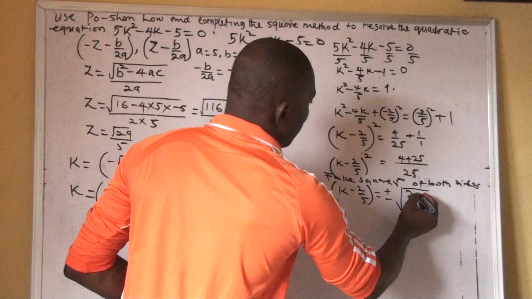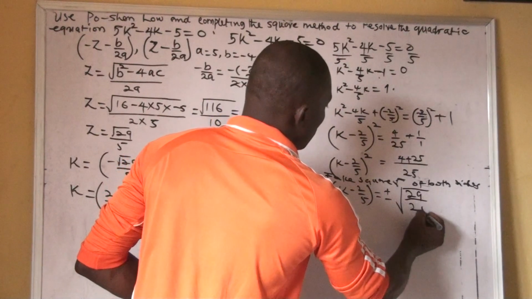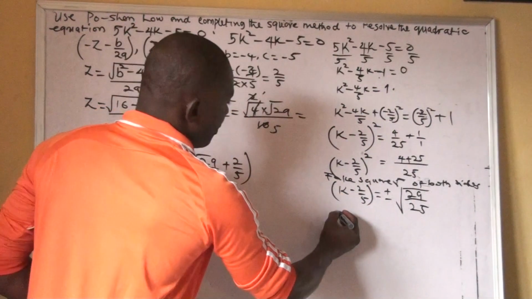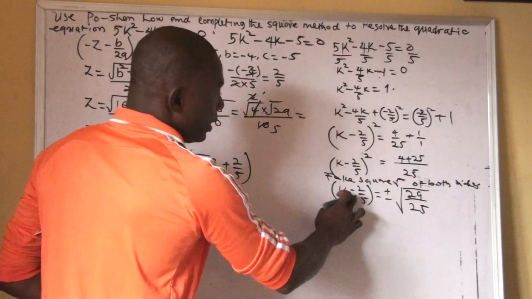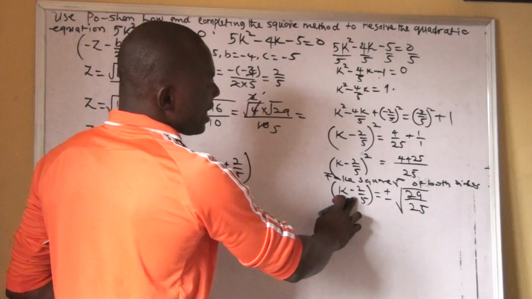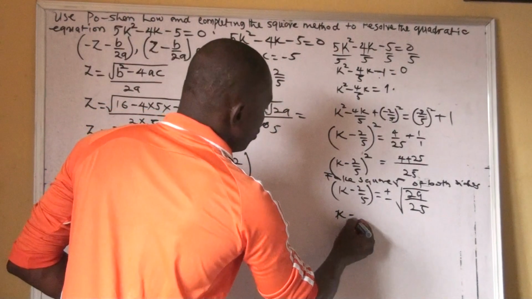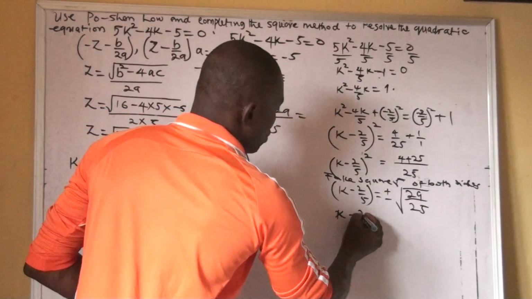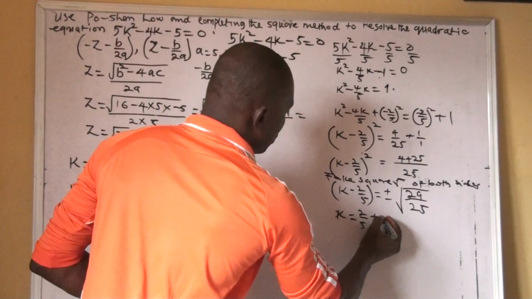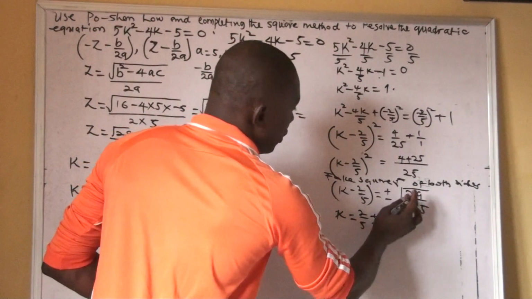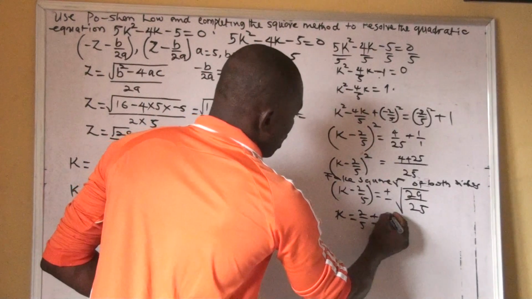4 plus 25 is 29, all over 25. Okay, here we have k. This is minus 2 over 5. It is going to cross to the other side because we are looking for just k, the two possible values of k. This becomes 2 over 5 plus or minus the root of 29.